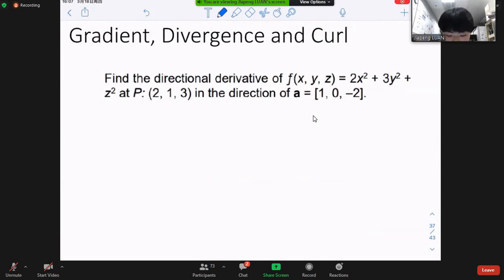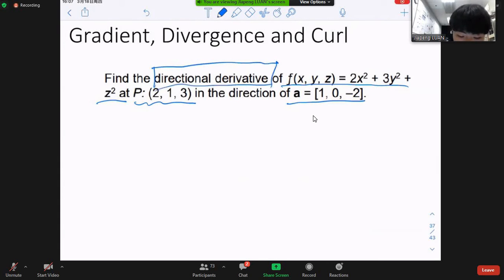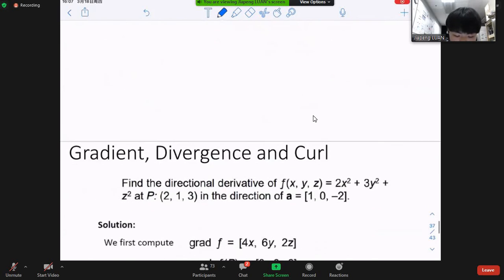And then this is the next question, to find the directional derivative of this at a point in the direction of A. So the thing is to know what a directional derivative is. So what is a directional derivative?